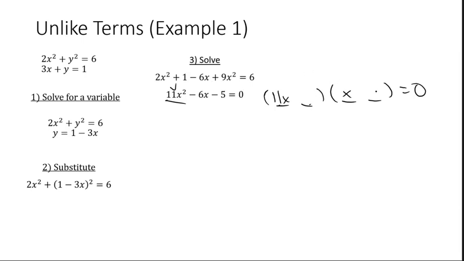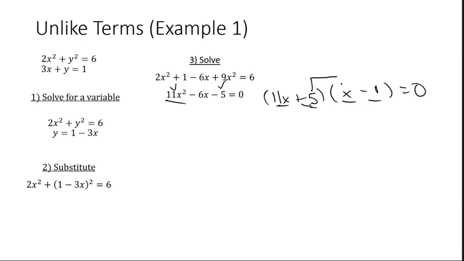And then for the last numbers, we want 2 numbers that multiply to get negative 5. We're going to have to experiment for this one. So it could be either 5 or 1, and it could be positive, positive or negative. For example, if we put the 5 here and the 1 here and make the 5 positive, the 1 negative, 5 times negative 1 would be negative 5.